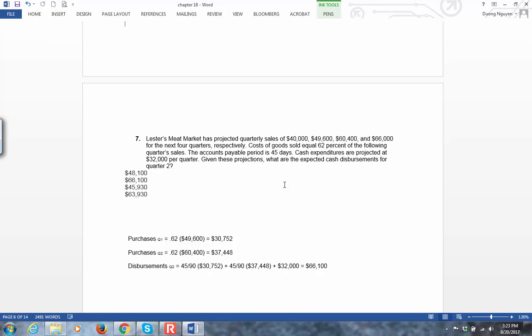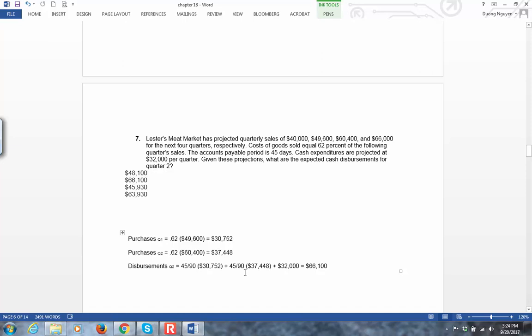Half of the payment in quarter 1 is 45 over 90, which is 1/2. So 1/2 of cost of goods sold in quarter 1 will be paid in quarter 2, and also 1/2 of cost of goods sold in quarter 2 will be paid in quarter 2.